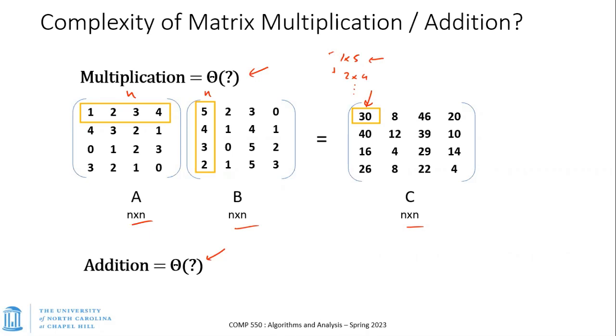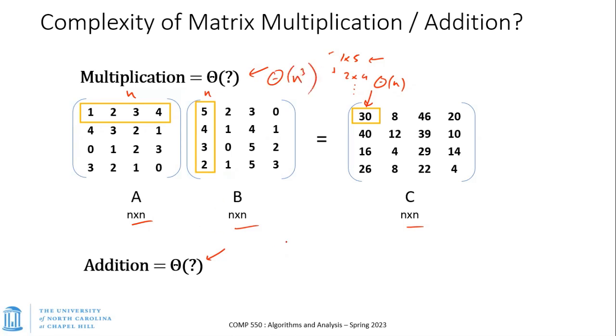It's just order of n. So theta of n is the complexity of calculating one element of the C matrix. And how many elements do you have in the C matrix? N squared. So the total complexity of multiplying the entire matrix is n cubed. So we come out with theta of n cubed.